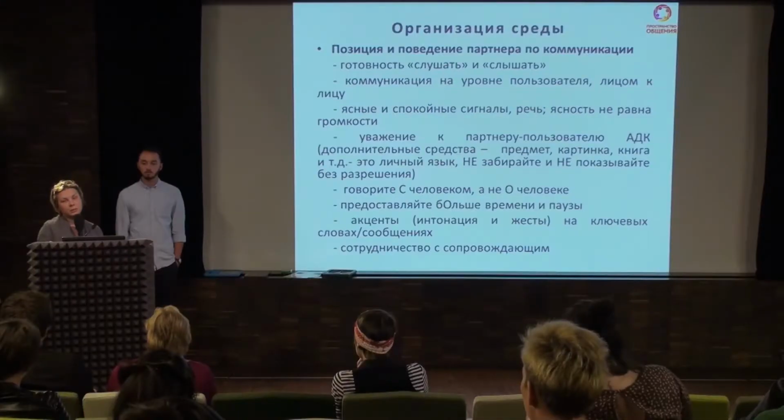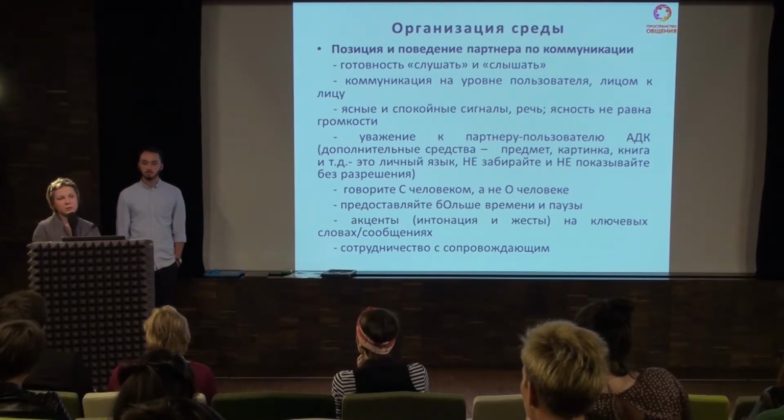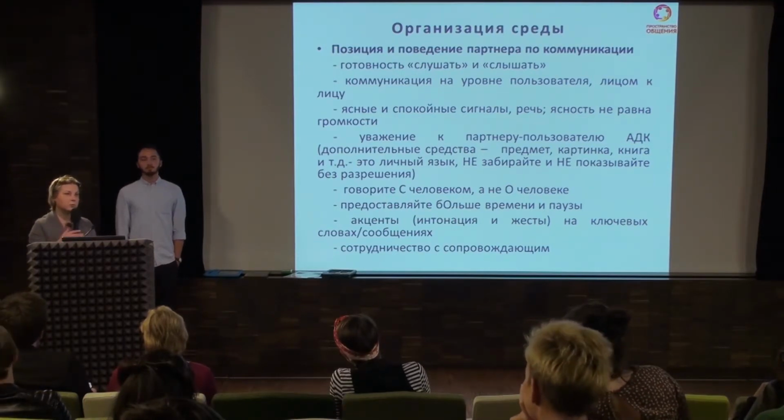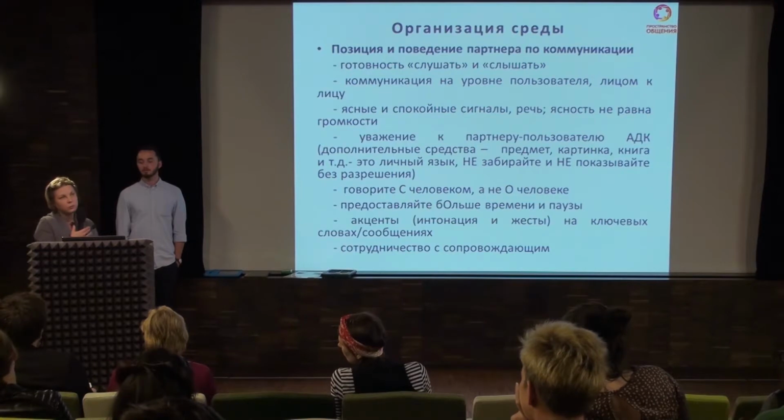Another important aspect here, which has already been highlighted before, is collaboration with the accompanying individuals. A lot of non-typical behavior, awkward behavior, confusing behavior can be present. It may be not familiar to us. We can have observed this behavior in other individuals, but we don't know what it means in this particular individual.